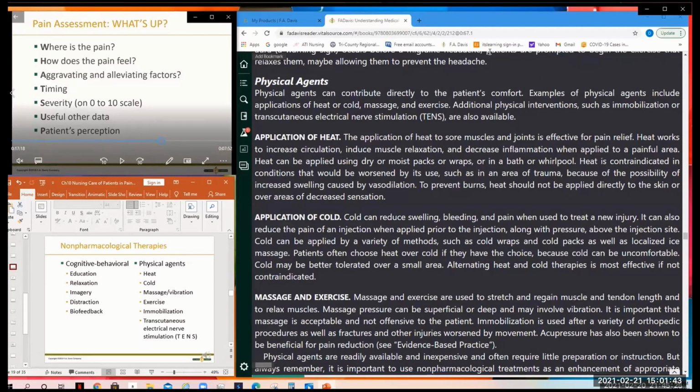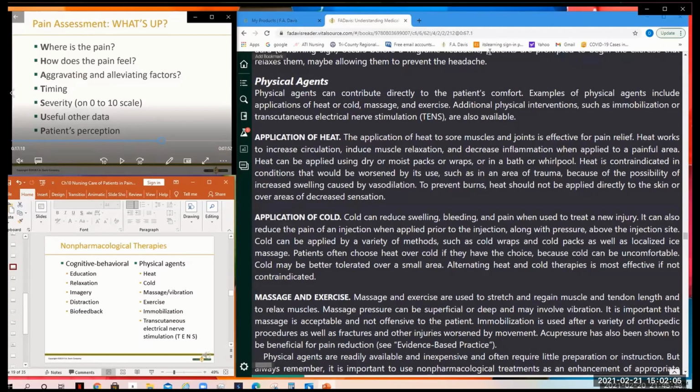Heat works to increase circulation, induce muscle relaxation, and decrease inflammation when applied to a painful area. Heat can be applied using dry or moist packs or wraps, or in a bath or whirlpool.